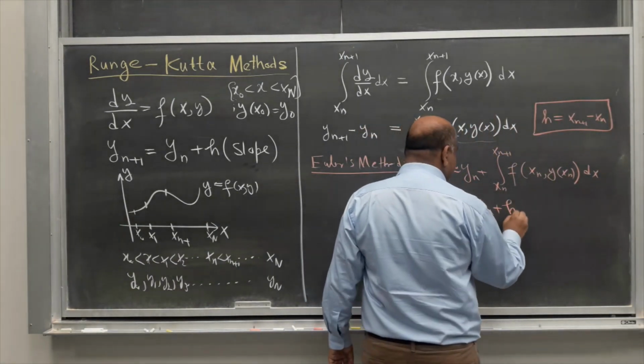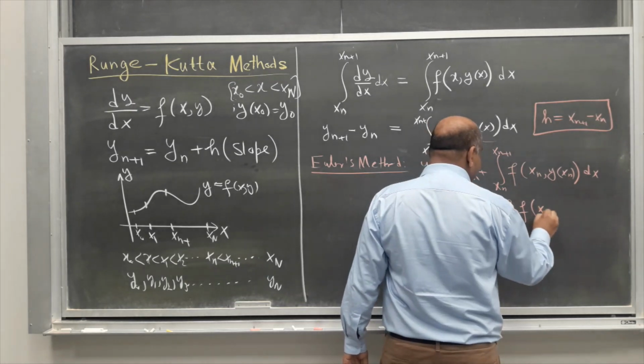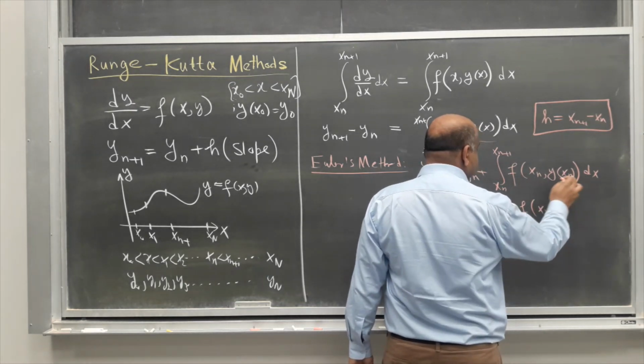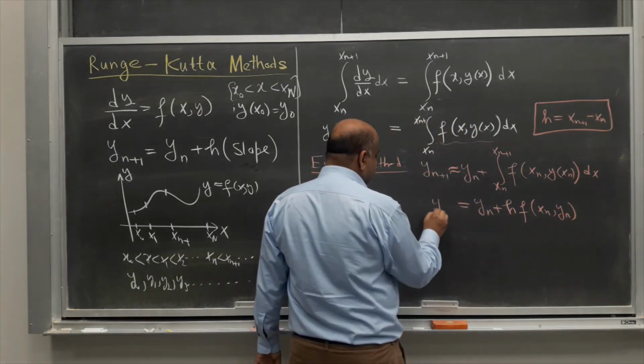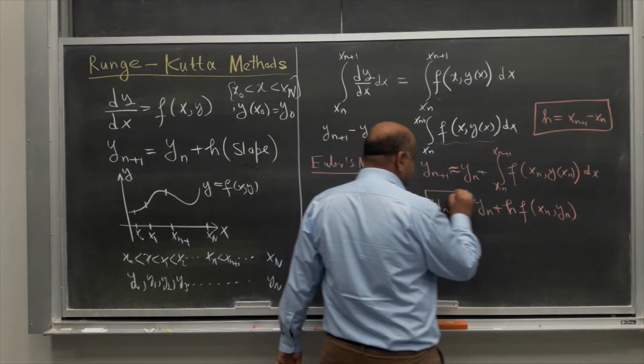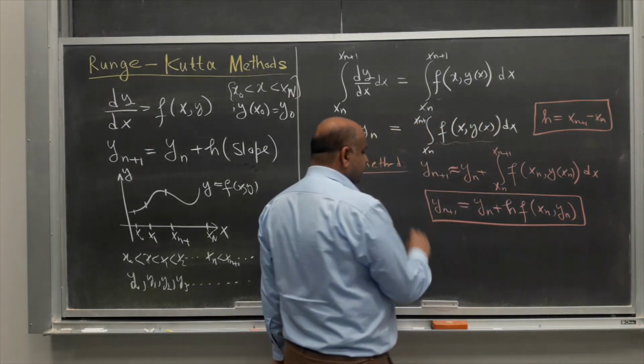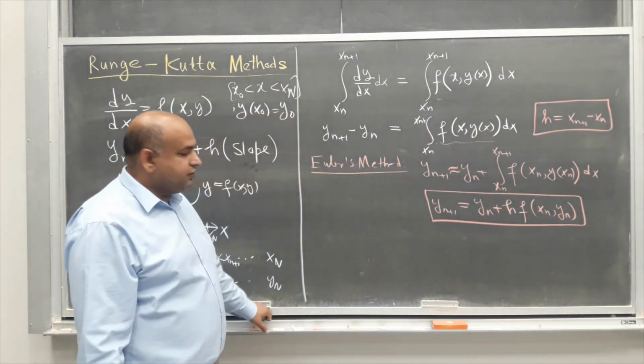So we have h f of xn, yn. This, as you see quickly, is nothing but Euler's method.